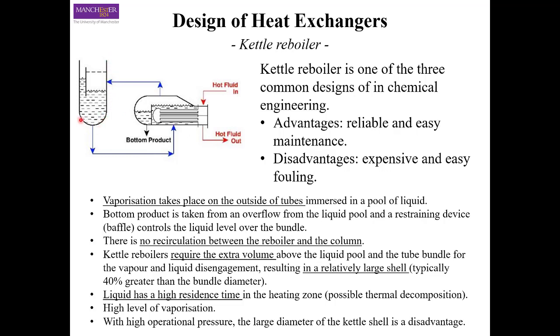So here you have a distillation column that is attached with a kettle reboiler, where you have a number of tubes here inside a big shell, and the hot fluid enters the tube side and then leaves from the bottom, while the liquid that is coming from the bottom of the distillation column comes in this shell, and then due to these hot tubes, it actually vaporizes and then goes back to the distillation column to maintain a value of vapor fraction here. So these kettle reboilers are very common in chemical engineering.